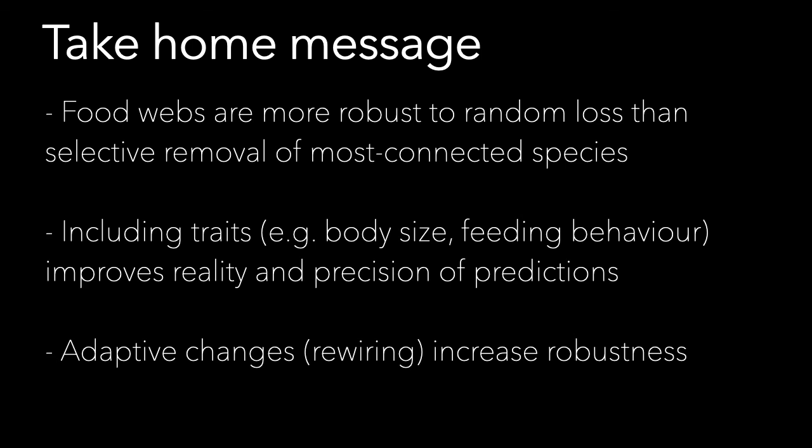And this leads us to think that a selective removal of species, for instance, due to defaunation and overexploitation, overfishing those high body mass species, is going to have a tremendous impact on food webs, and in particular they are going to be less robust, more fragile than what we would expect just by chance.